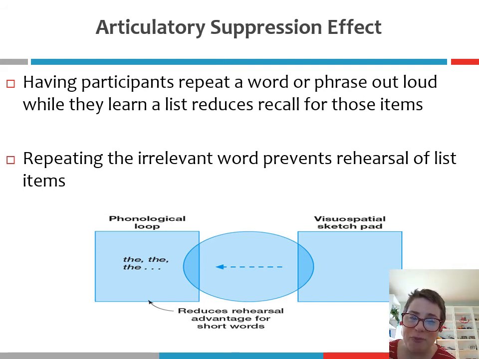So if you have participants repeat a word or phrase out loud while they learn a list, this is going to substantially reduce their subsequent recall for those items, right? And it should be kind of obvious as to why this is the case, in that repeating the irrelevant word aloud is going to prevent that critical maintenance rehearsal process, right?